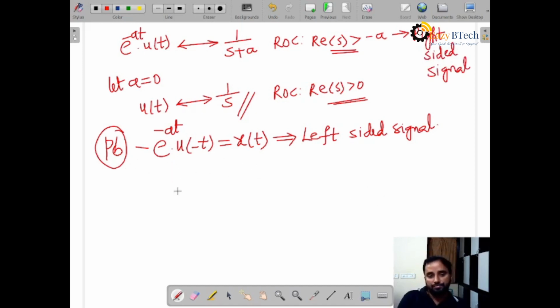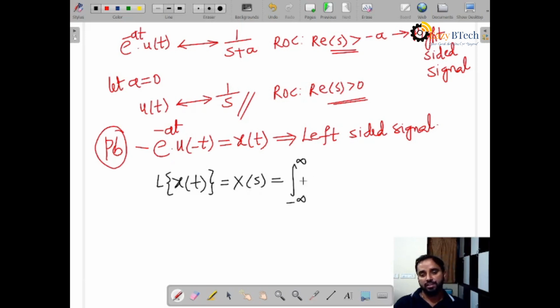So let's take the Laplace transform of this function, minus of e power minus at u of minus t. The Laplace transform formula, we know: the Laplace transform of x of t is X of s, equal to the integral from minus infinity to plus infinity of x of t into e to the power minus st dt.